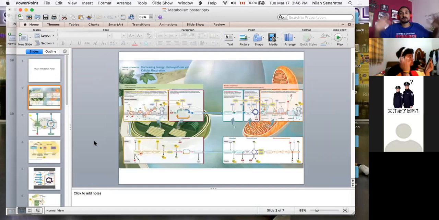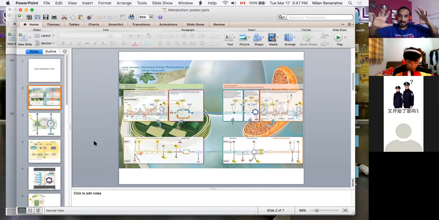But basically I would give you probably two A4s, and you'd stick them together. And you'd create this poster where the two concepts of cell respiration and photosynthesis at the HL level are linked, right? So you'd have all the processes going on in a chloroplast, in a plant cell over here. You'd have all the processes in a mitochondria, in an animal cell, or you could have them in the same cell, doesn't even matter.